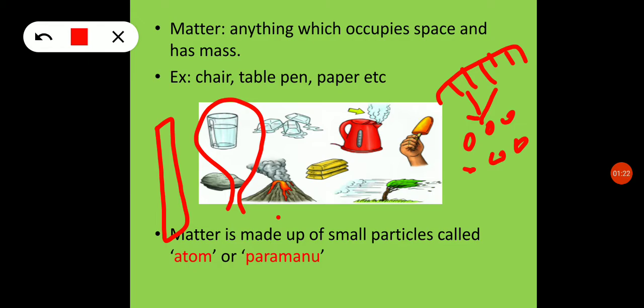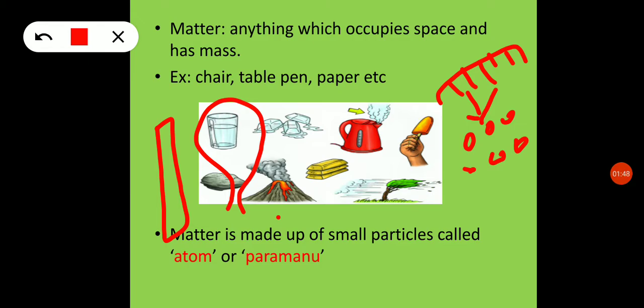This question can be answered: an atom is divisible and consists of charged particles. In Dalton's theory he said that atoms are indivisible, but actually the atom is divisible and consists of charged particles.